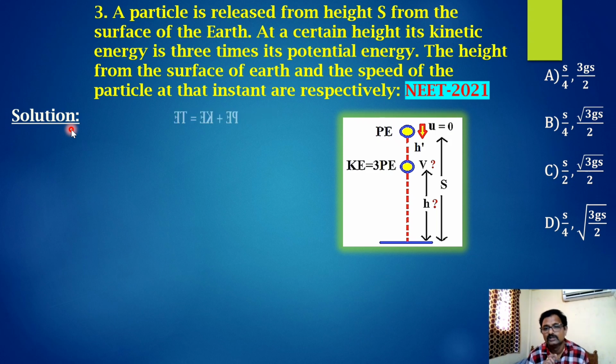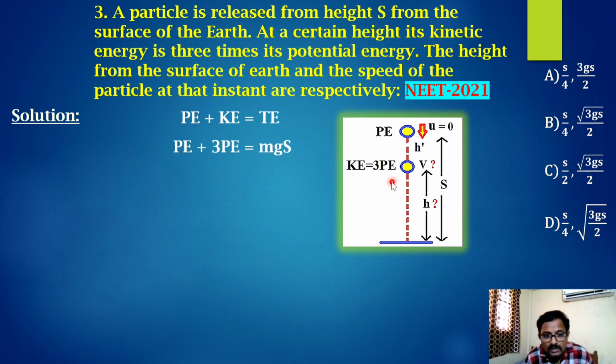Solution. We know that total energy is equal to the sum of potential energy and kinetic energy. Here, at a certain point, kinetic energy is equal to 3 times potential energy, and that is equal to the total energy.